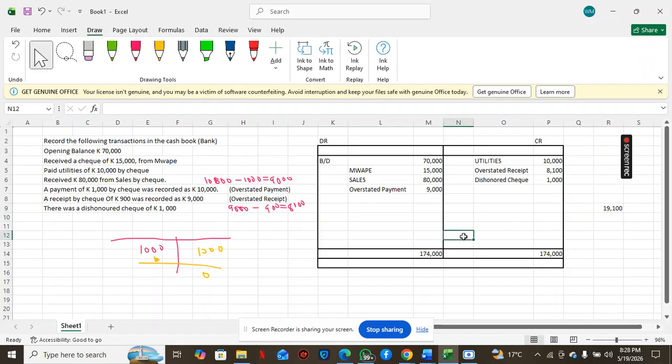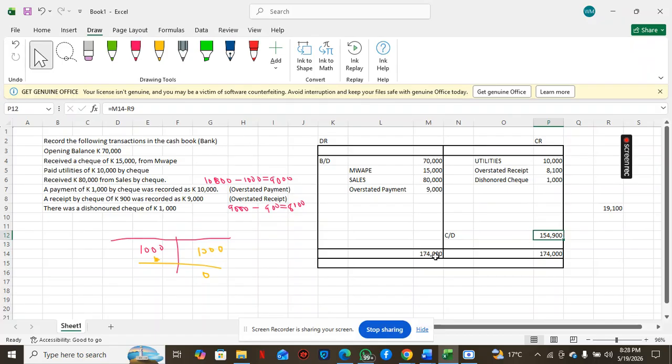All right. So for the balance carried down, you go to the lower side, which is the credit side in this case. The total of the debit minus the total of the credit gives 154,900 kwacha.